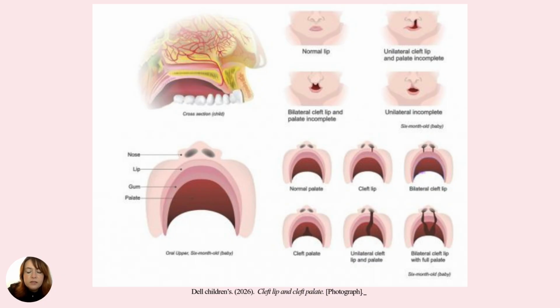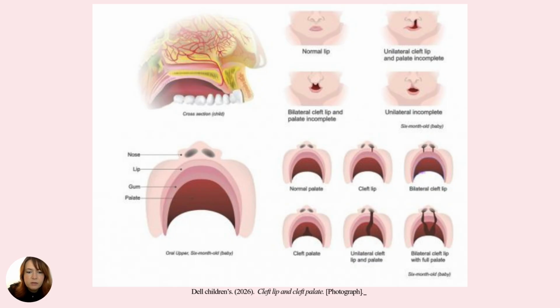On the upper right, we can see a normal lip, then a unilateral cleft lip, a bilateral cleft lip, and then a unilateral incomplete cleft. This is kind of the best scenario if you were to have a cleft lip or palate, the unilateral incomplete. If it is a complete cleft, it'll go through the palate to the lip into the nasal cavity.